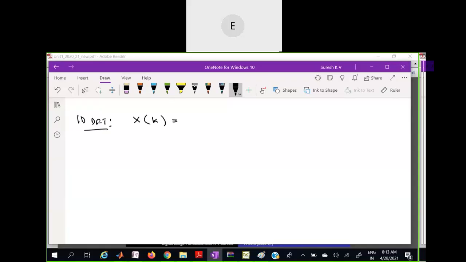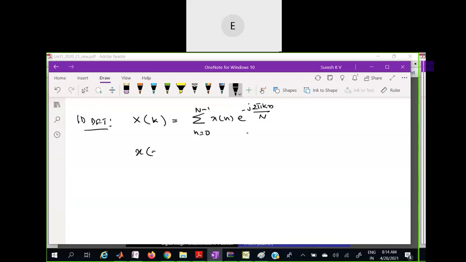What is the formula for DFT? Summation n equal to 0 to N minus 1, x of n e to the power of minus j 2 pi kn by capital N. Is that correct?